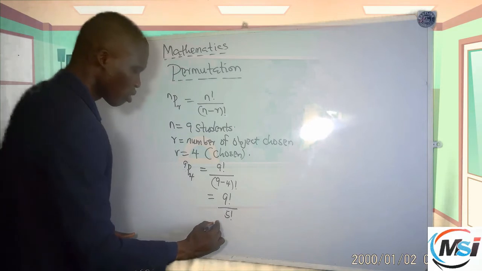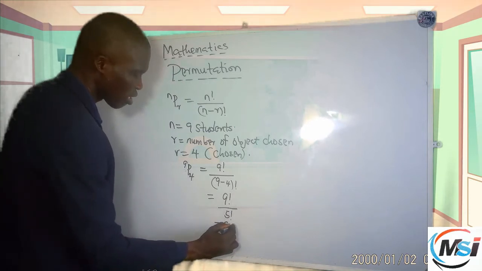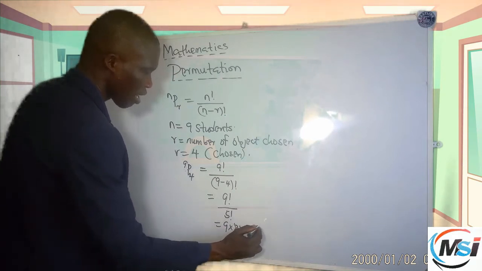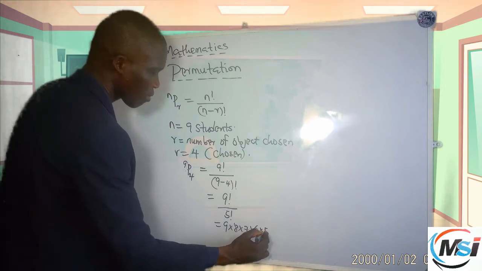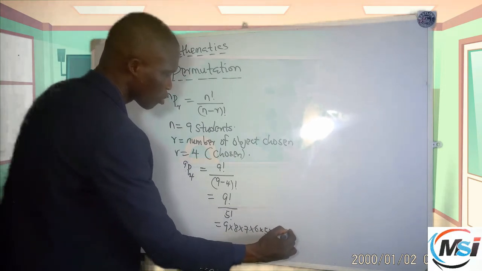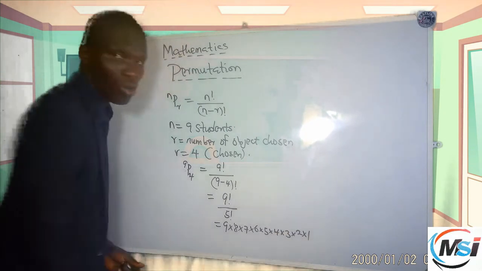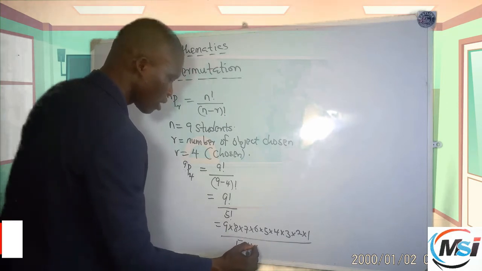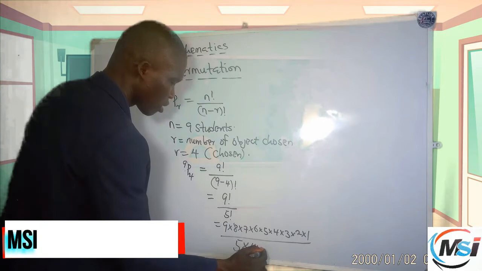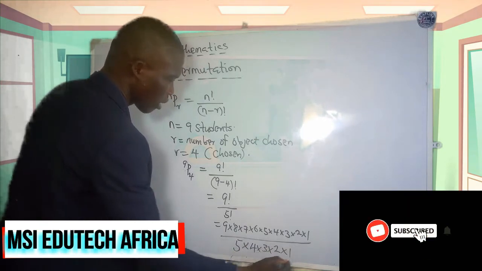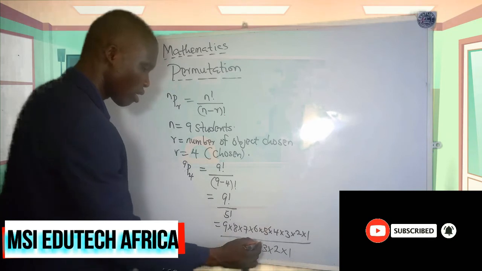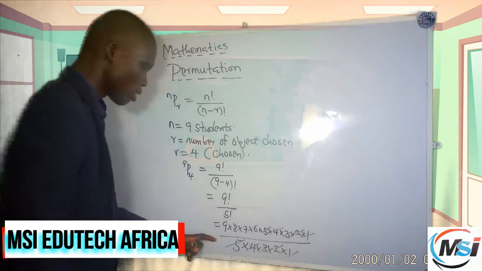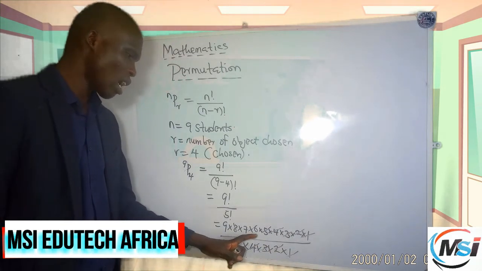So 9 factorial is 9 times 8 times 7 times 6 times 5 times 4 times 3 times 2 times 1, divided by 5 factorial, which is 5 times 4 times 3 times 2 times 1. The 5 cancels the 5, 4 cancels 4, 3 cancels 3, 2 cancels 2, 1 cancels 1. So we are left with 9, 8, 7 and 6.